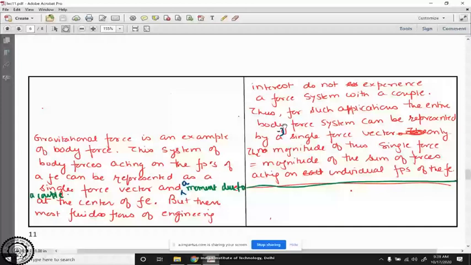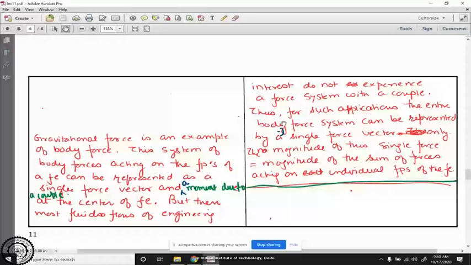So this is an example of a parallel force system. And again, from APL 100, you would know that for a parallel force system, the equivalent force system does not require any moment due to a couple. All it requires is putting a single force at the center of mass of the body.